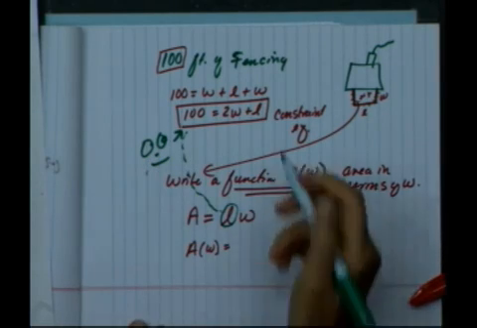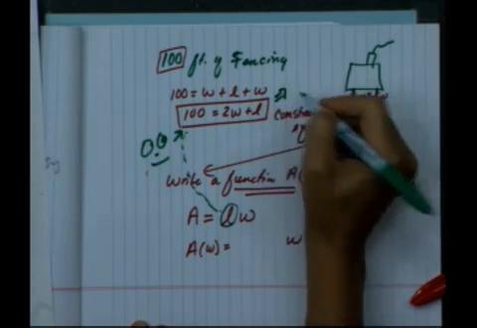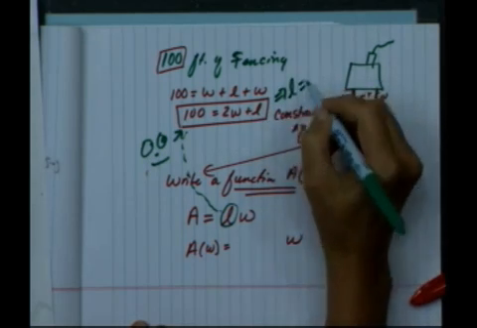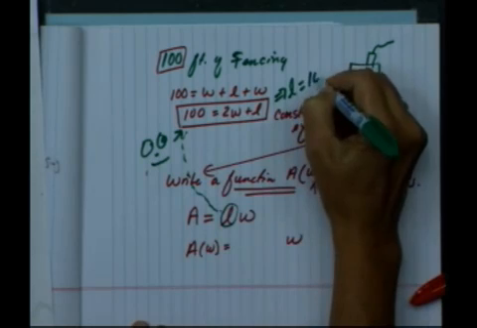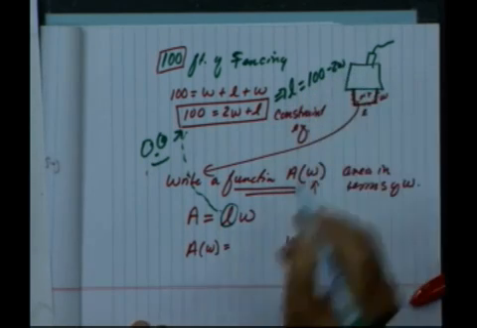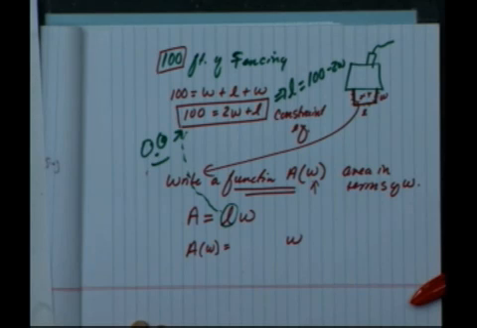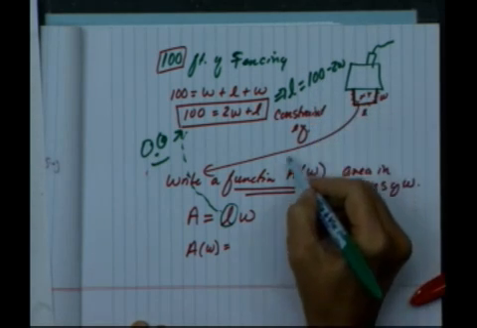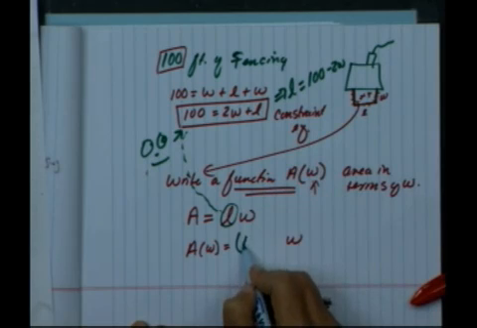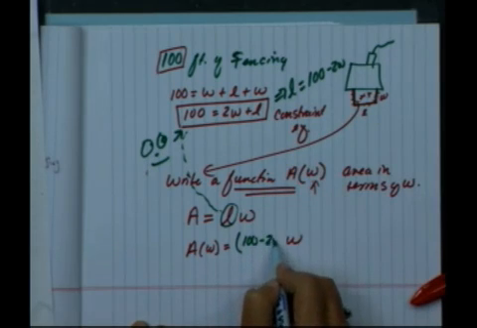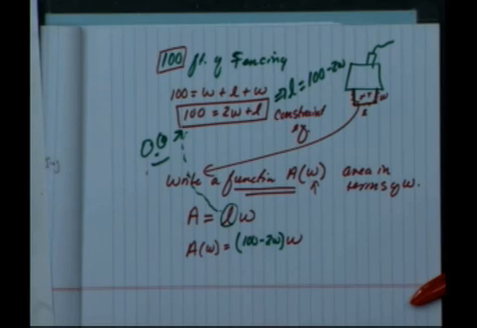And how can I redefine L in terms of W? L is 100 minus 2W. Okay, so I'm going to bring that back down here, and we have 100 minus 2W times W.